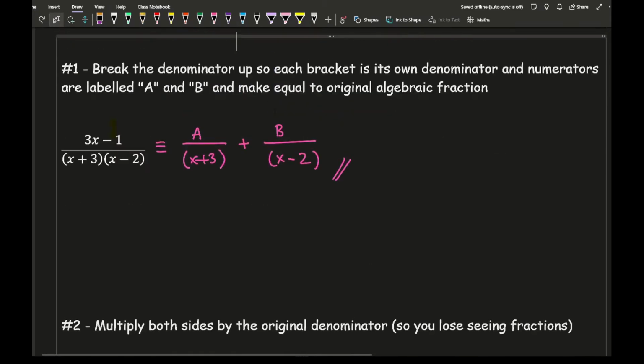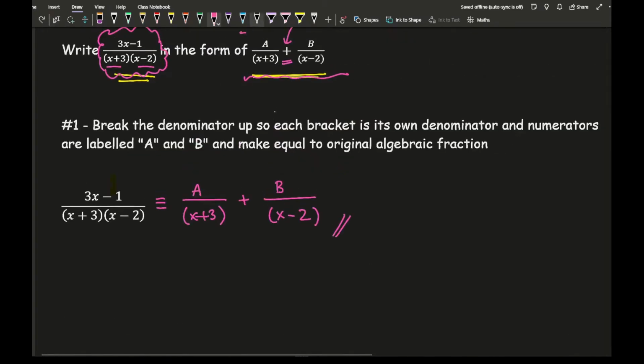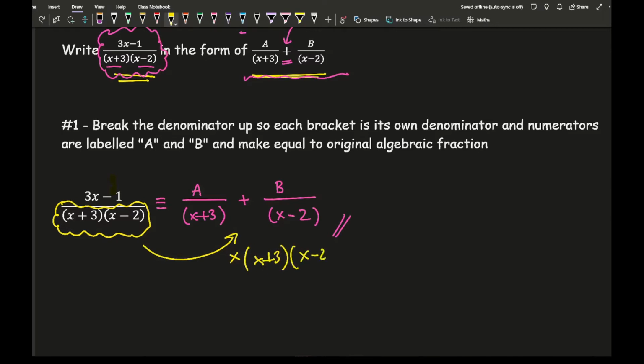So what I'm going to do is take this x plus 3, x minus 2 over to the other side by multiplying. So I'm going to multiply everything in there by x plus 3, x minus 2.